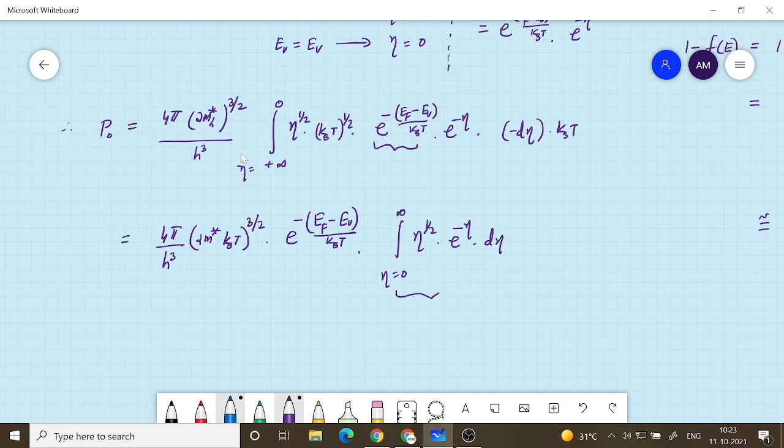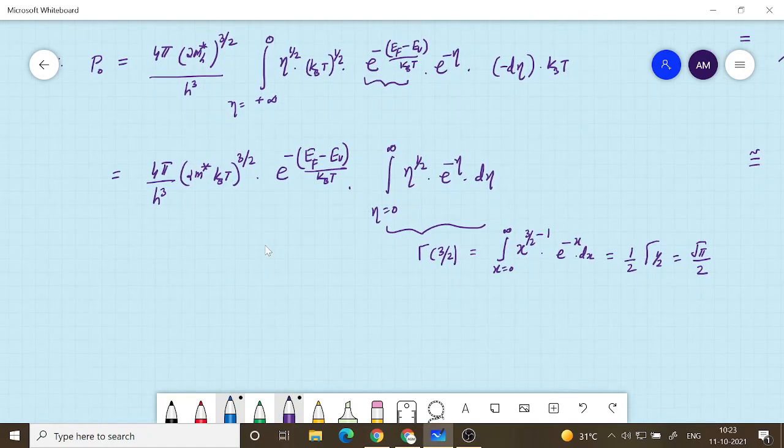Again, this is basically gamma 3 by 2, which could be written as the integral from x equal to 0 to infinity of x raised to 3 by 2 minus 1 into e raised to minus x dx, which can also be written as half into gamma half, which is root pi by 2. So I will substitute that root pi.